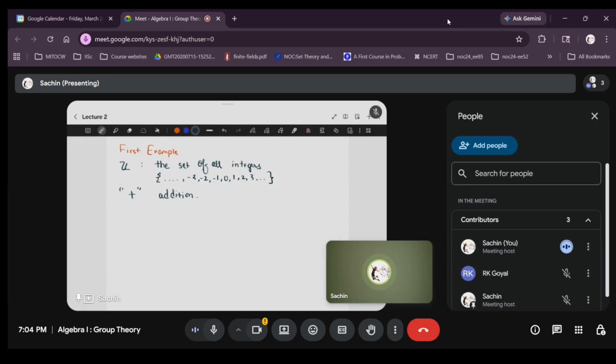And we look at what properties the elements have when we are adding them.